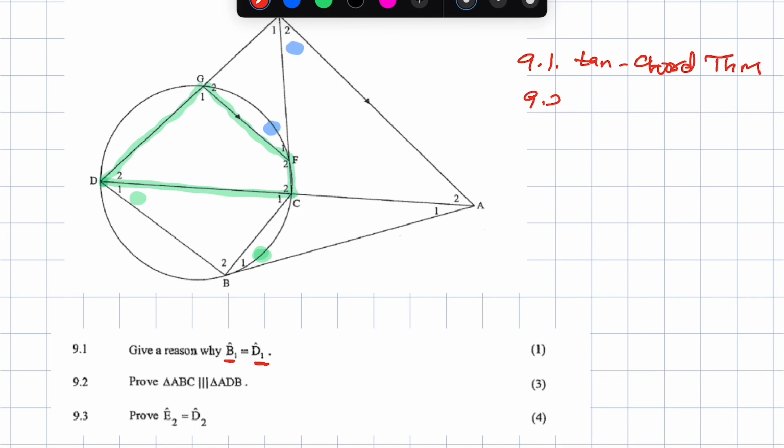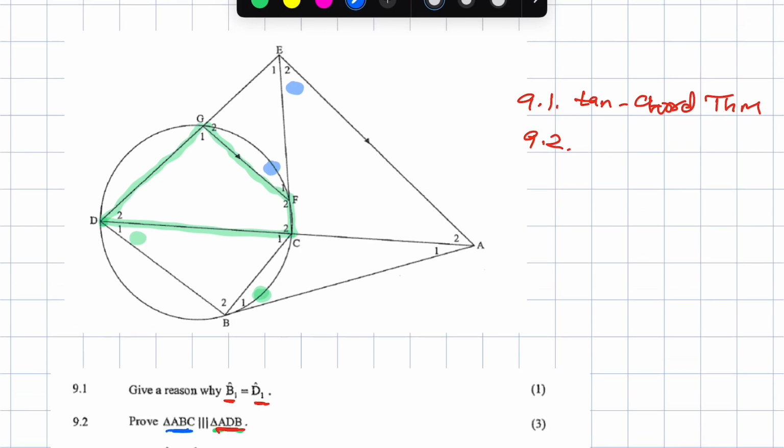Okay. Then number 9.2, they want us to prove that triangle ABC is similar to triangle ADB. Okay, let's highlight those triangles. So triangle ABC will be this triangle.